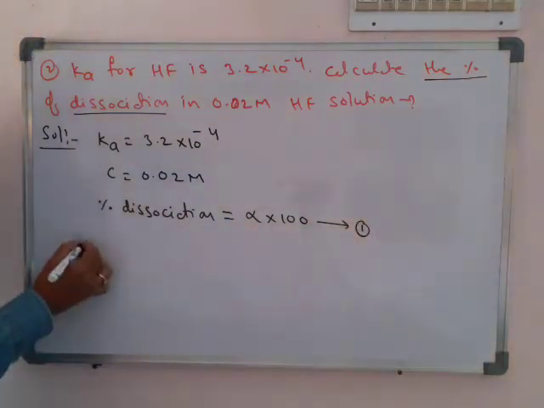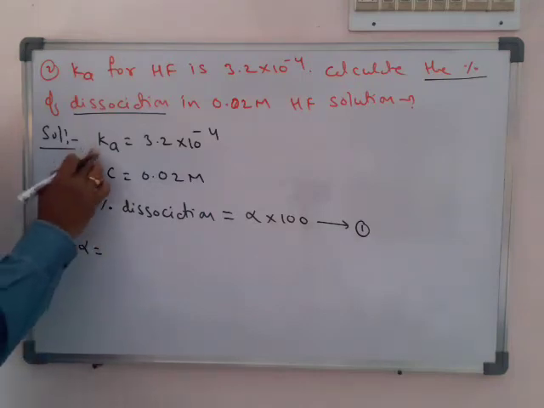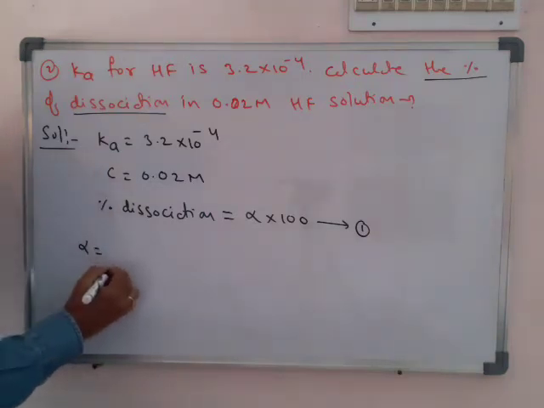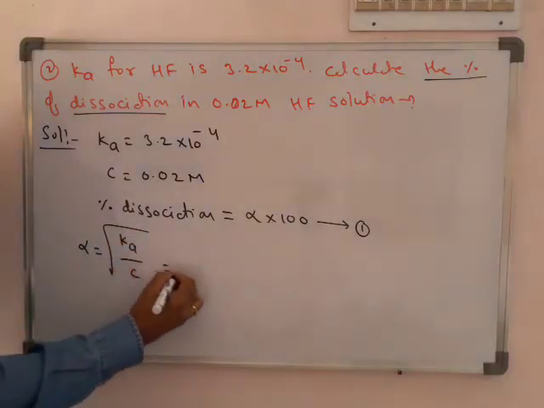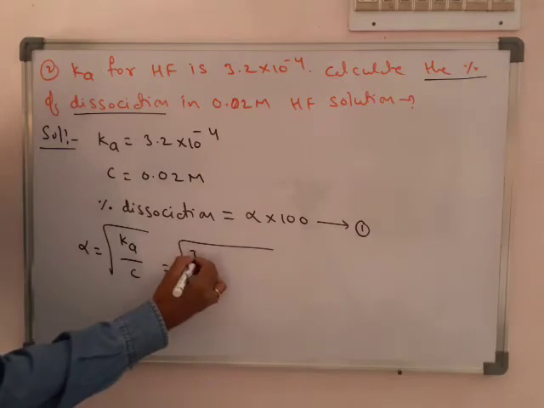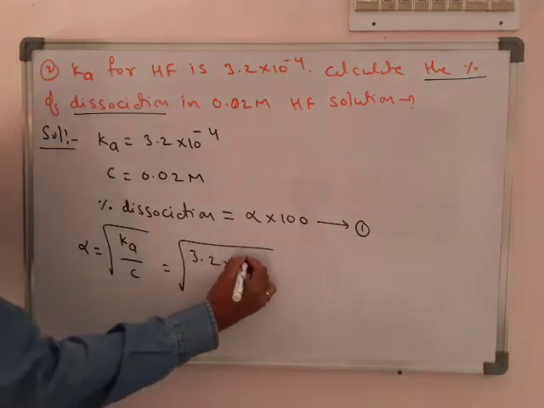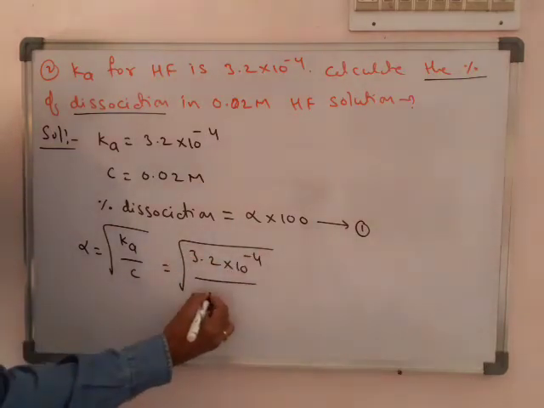But here we don't know alpha. Alpha is not given. So Ka is given, C is given. We know the formula: alpha is equal to root of Ka by C. So what is Ka? 3.2 into 10 to the power minus 4.